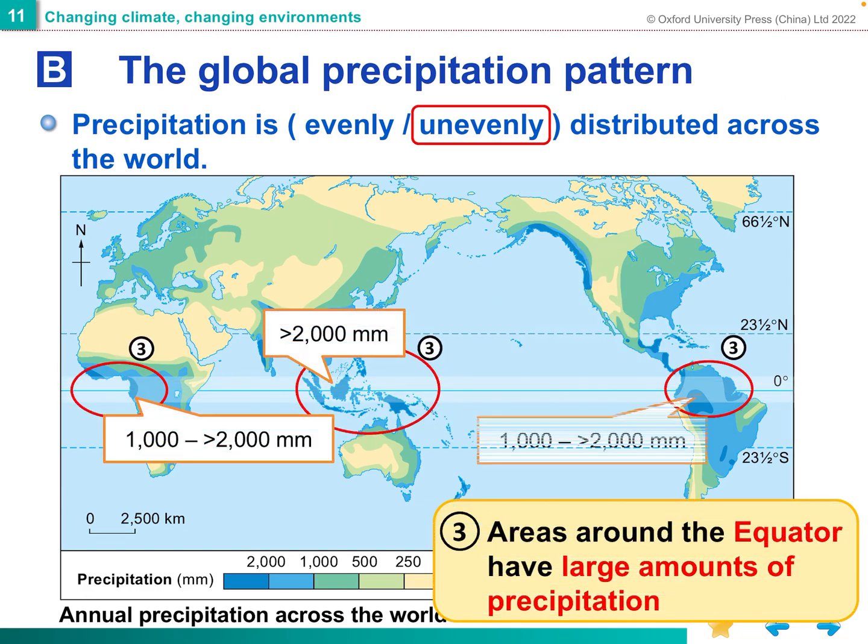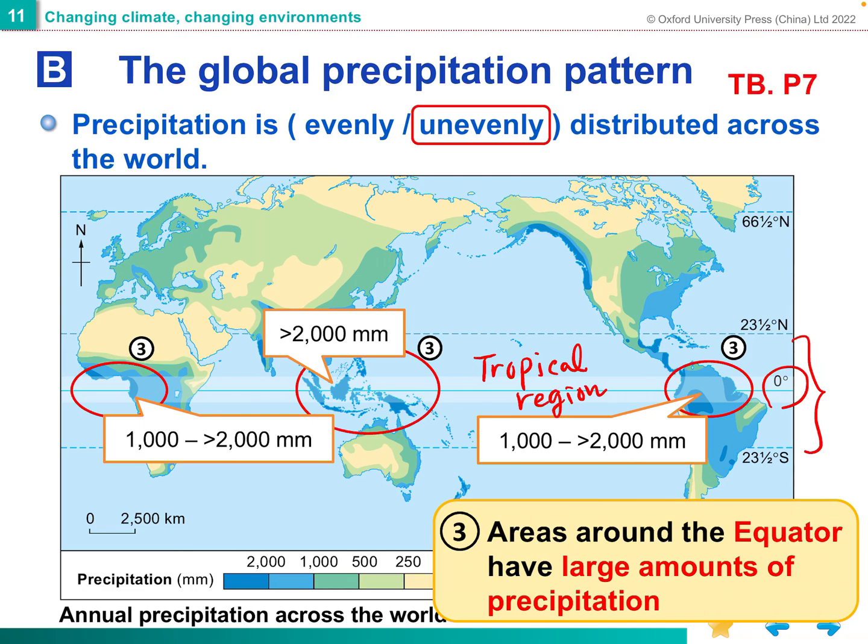So last one, the largest rainfall. Where can we find the largest rainfall? They are all near the equator. We just learned this region is called the tropical region, 熱帶地區. So this area will always have the largest amount of rainfall.